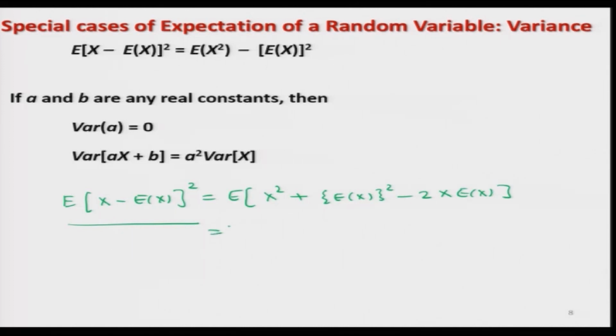Now you have learned the rules of expectation, so this will become expected value of x square, and then as soon as you write expected value of x, this does not remain a variable. Well, x is a variable, no issues, but if you take any moment of the random variable, that can be expected value of x or x square or any function, then this is no more a variable.